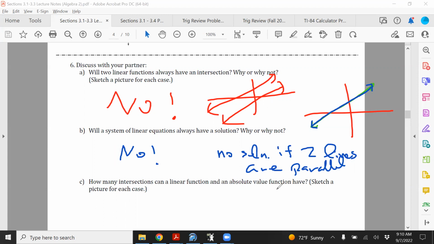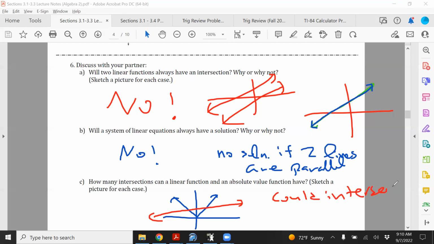And how many intersections can a linear function and an absolute value function have? We'll just talk about this really quickly. They could intersect twice.